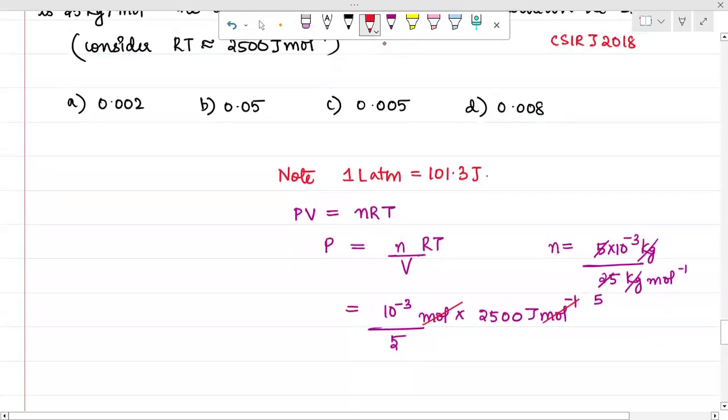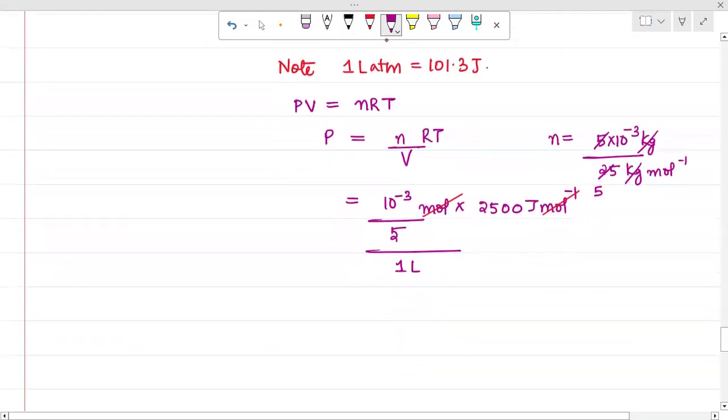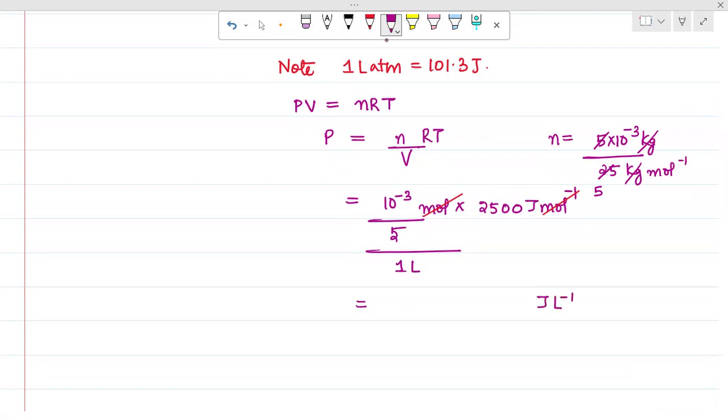Okay, wait. I have put just N, sorry. And this should be whole divided by 1 liter. Okay. So now what do I have? I have my units in joules per liter. Correct. How did I get 1 liter?